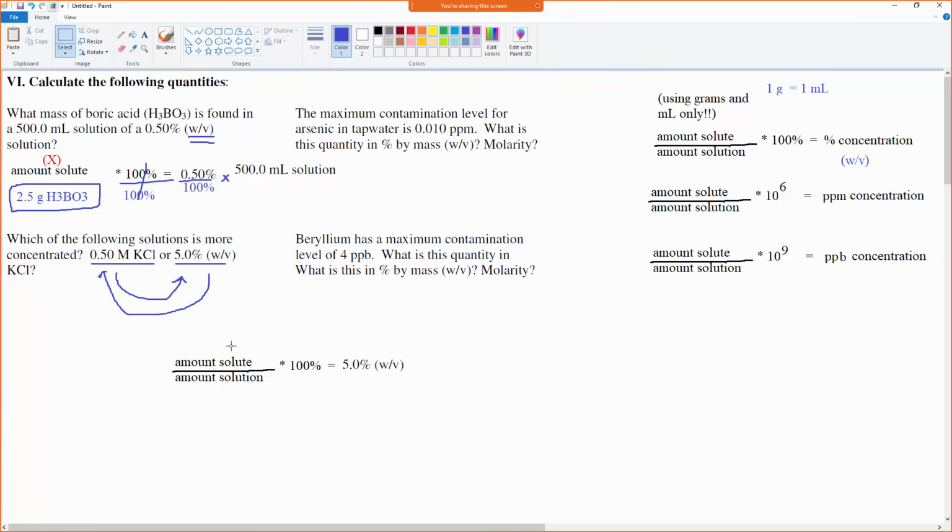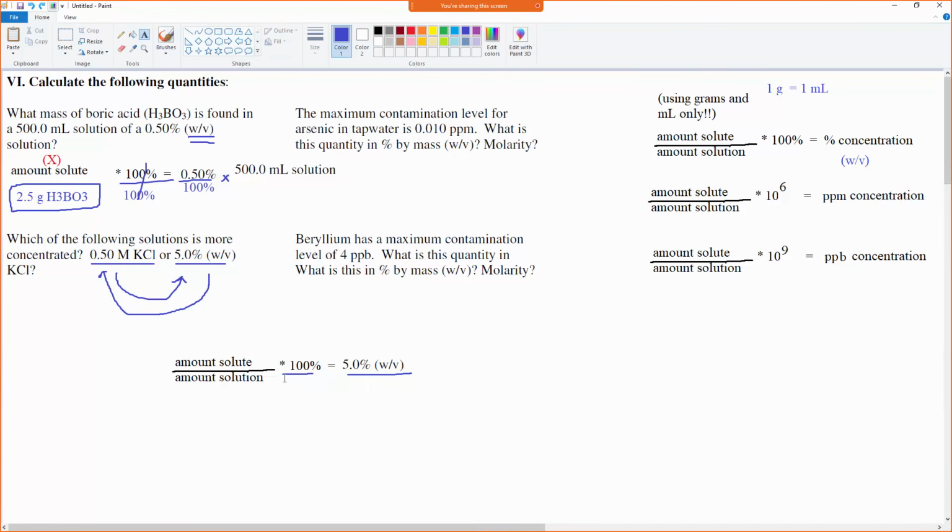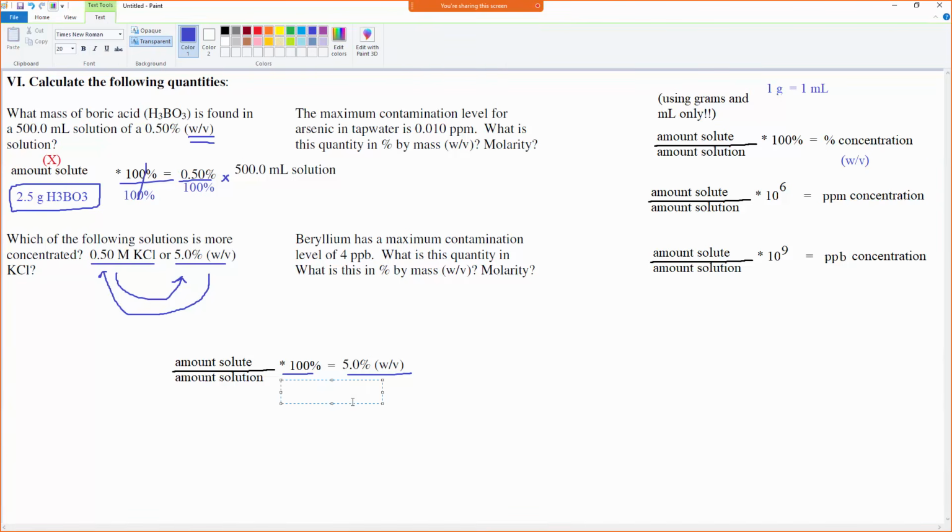This is what we have so far. We know that it's 5% and we know that this is the formula for calculating percent. So whatever this formula was, calculated this number. So next step, I'm going to divide both by 100%. Let's try that again.